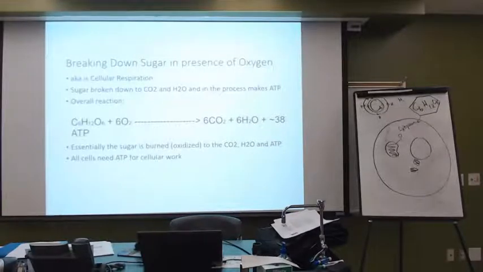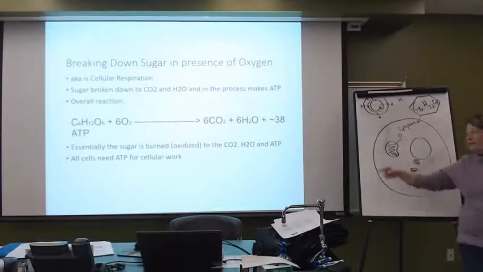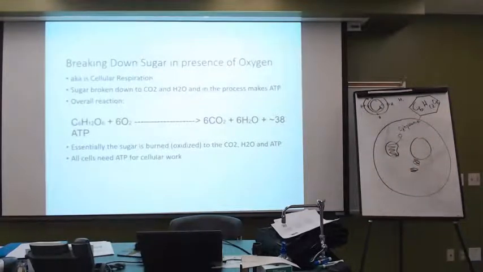We breathe in oxygen, we give off the CO2. So as this sugar continues to break down, and the CO2, water, all these molecules being given off, we're going to get to make ATPs.